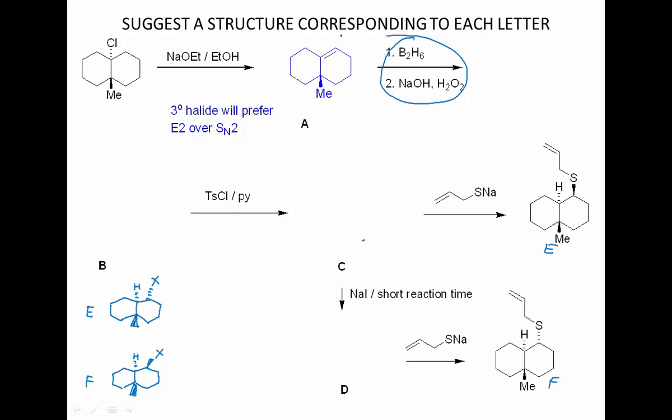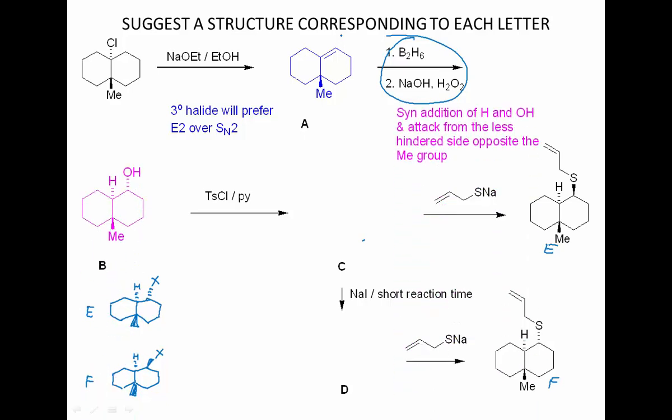All right, so it's also going to come from the side opposite the methyl group. Remember that hydrogen and OH both add to the same face of the molecule. So both of them are going to add from the face that's opposite the methyl group. B is going to be the compound shown here.